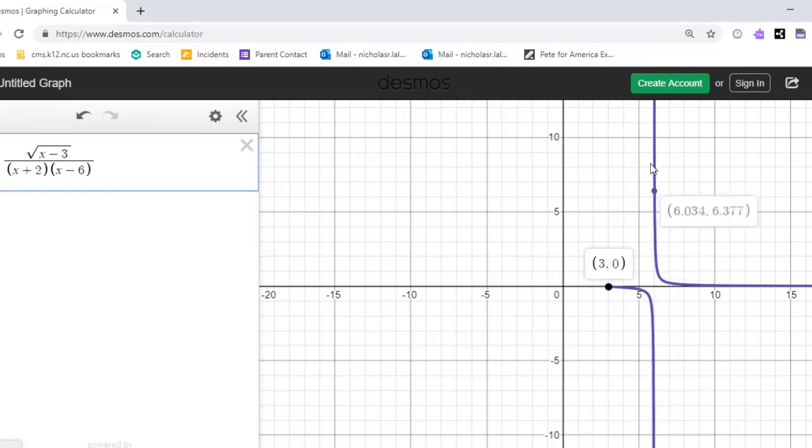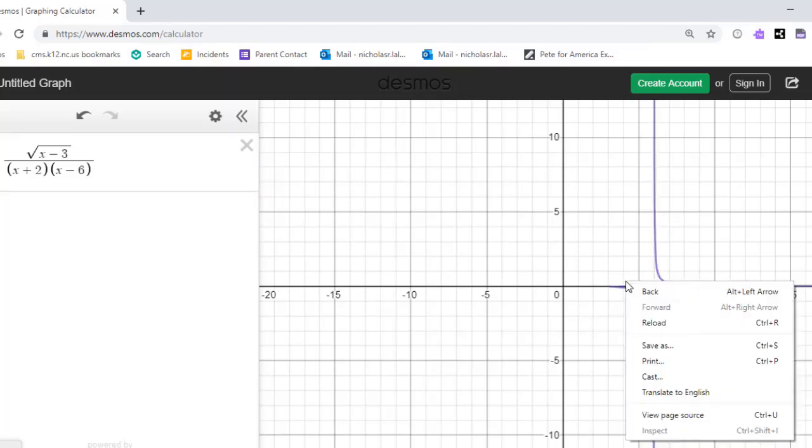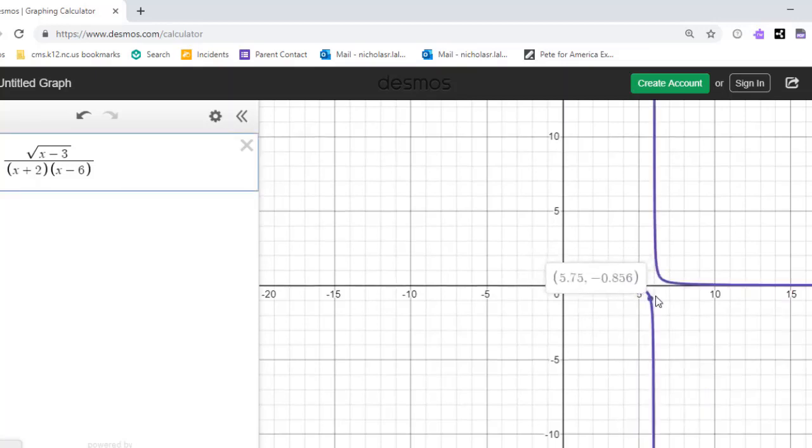We have a vertical asymptote there. So this is what the function looks like. X has to be greater than or equal to 3, but it can't equal 6. But once again, you have to really move your cursor along, especially if there's a potential hole in the function, to find out what your excluded values are.